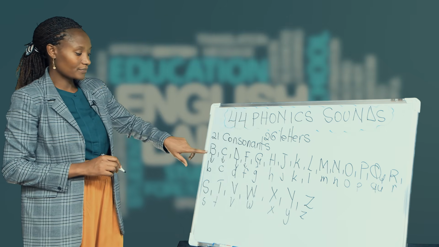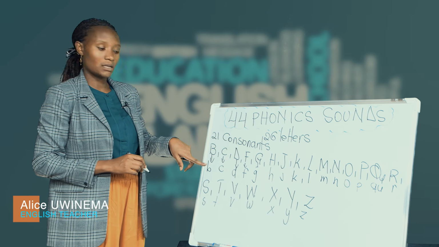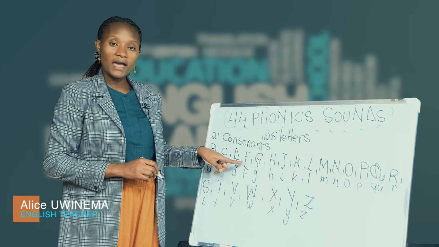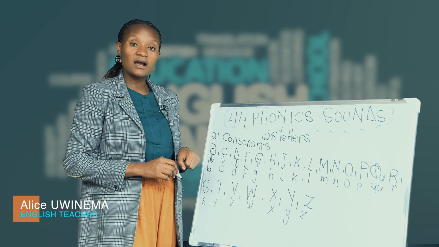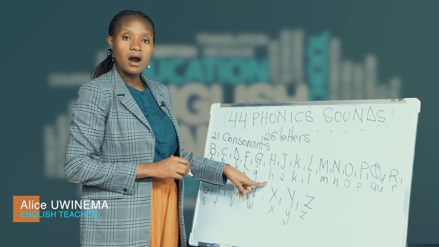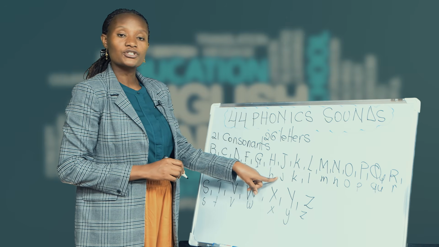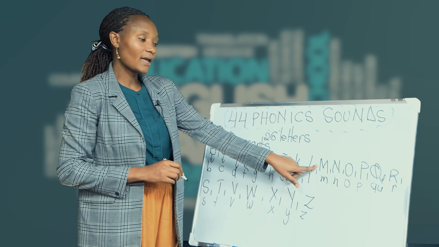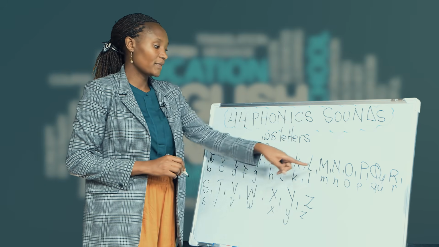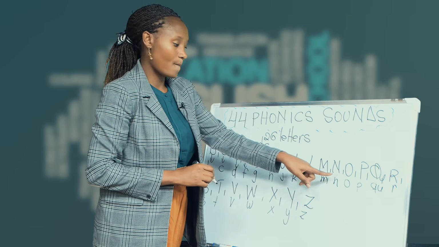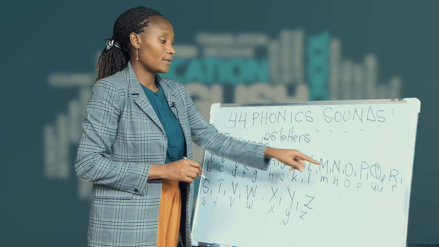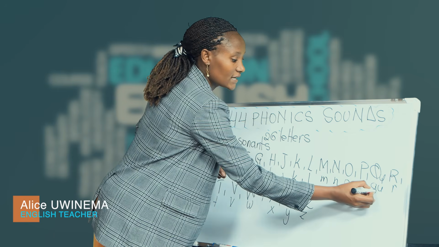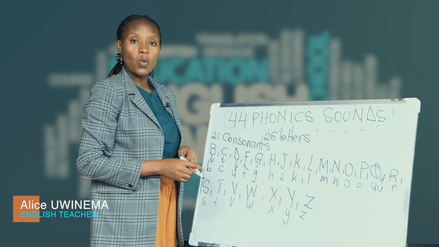We are repeating them. B says B. C says K. D says D. F says F. G says G. H says H. J says J. K says K, like letter C. M says M. N says N. O says O. P says P. Q says Qu, and as I said, it often goes with letter U to make the sound Qu.